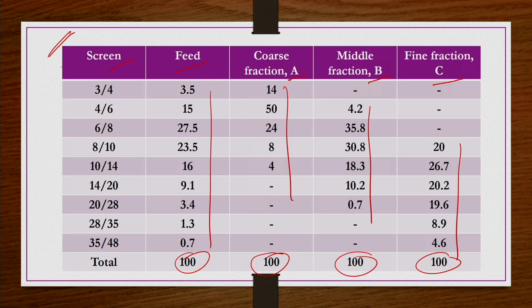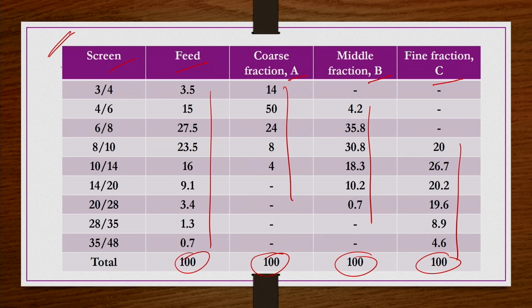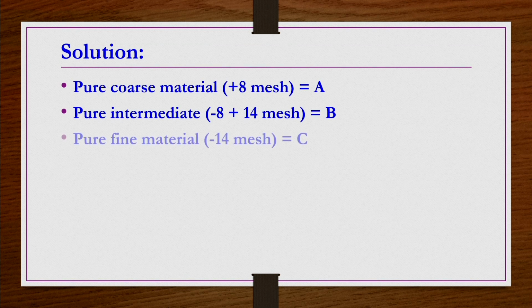So first we take how much fine, coarse and medium material is present in the feed. Similarly, in the coarse fraction, we take the amount of fine, coarse and medium. Likewise, in the middle and fine fractions, all three types of materials may be there. That we are going to see now.